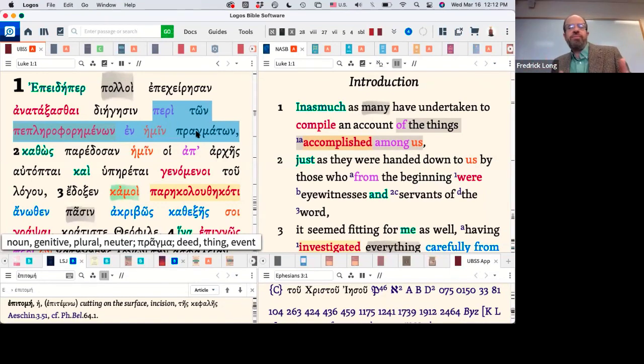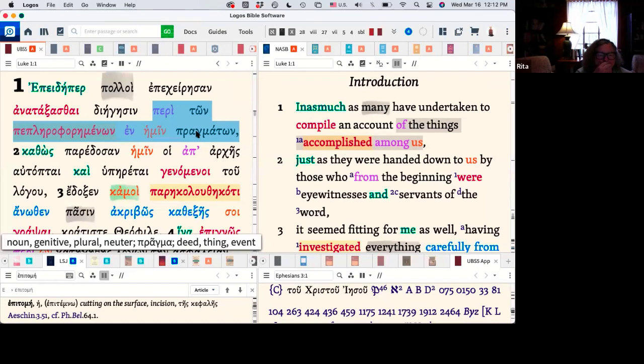And here you have a big sandwich technique. I call it a sandwich, where you have a preposition with its object, peri going with pragmaton, and then sandwiched in between it a participle, and then its adjunct, or its prepositional phrase modifying it, having been fulfilled among us.